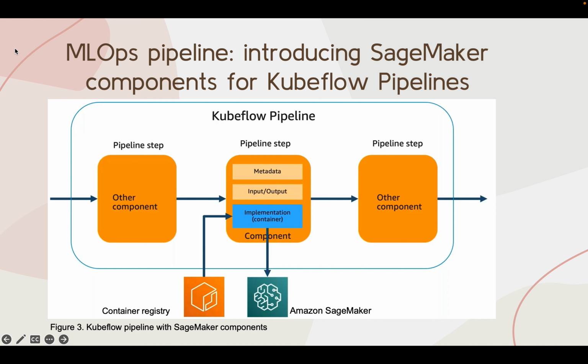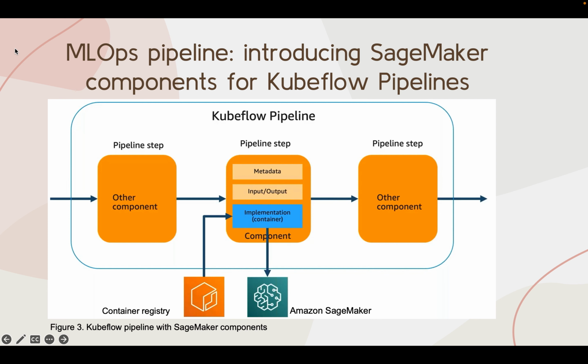So I want to show another example to better explain components of the MLOps pipeline. This figure uses Kubeflow Pipelines with SageMaker components that will probably provide a better illustration. Kubeflow Pipelines is a component in Kubeflow that manages and orchestrates end-to-end ML workflows. The pipeline is composed of individual steps.